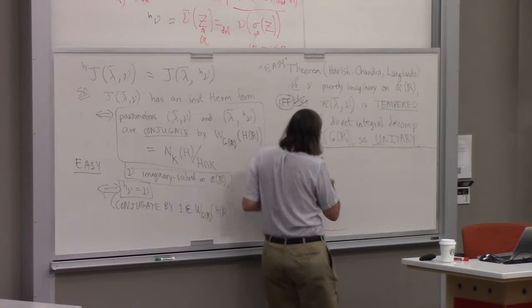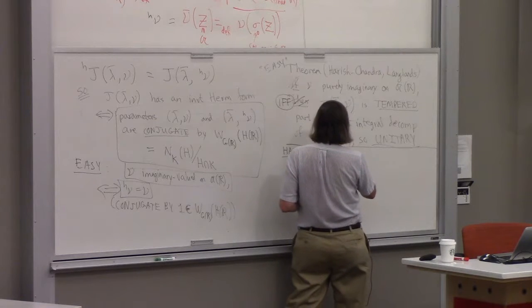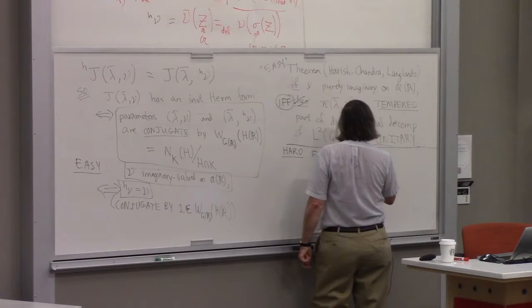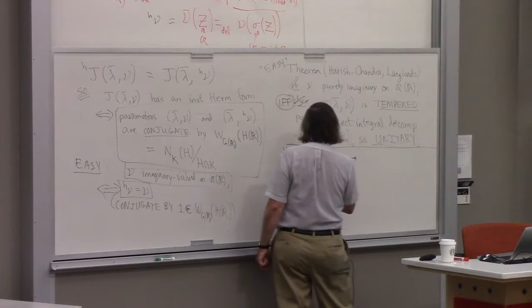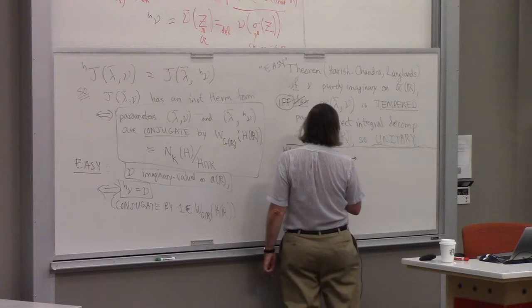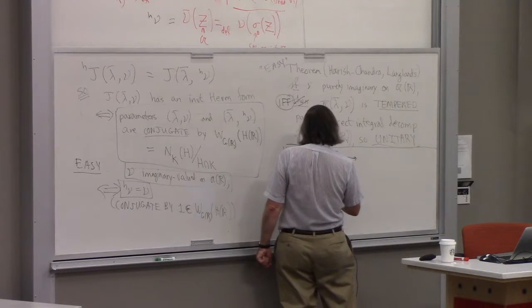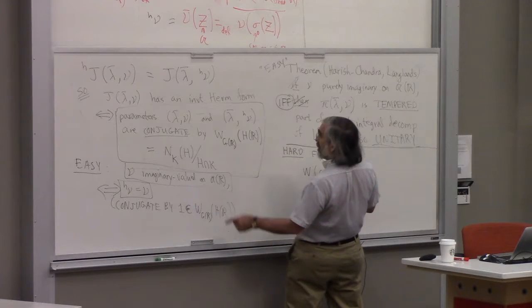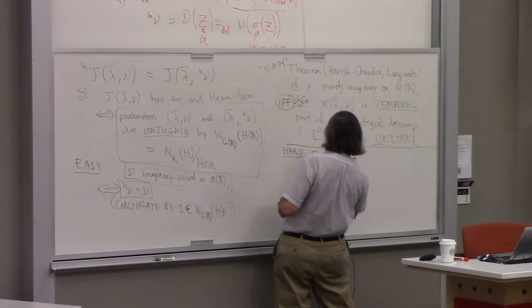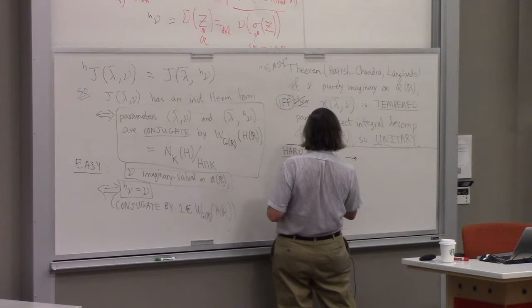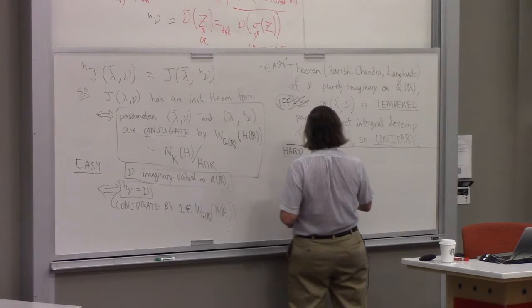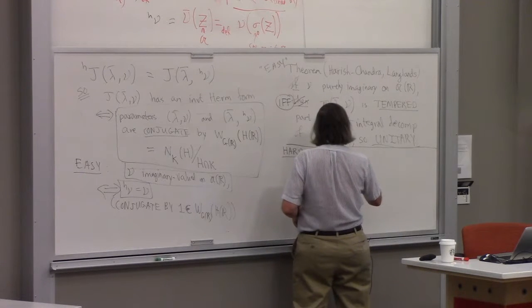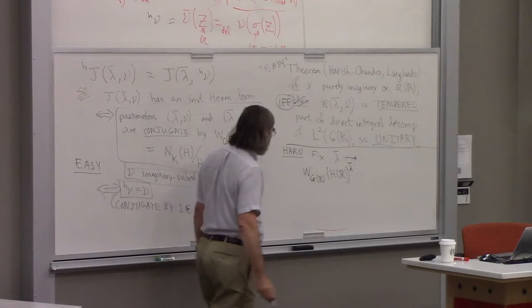So I want to fix the lambda bar, and you can define W, the Weyl group in G of R of H of R. I can look at the stabilizer of lambda bar.